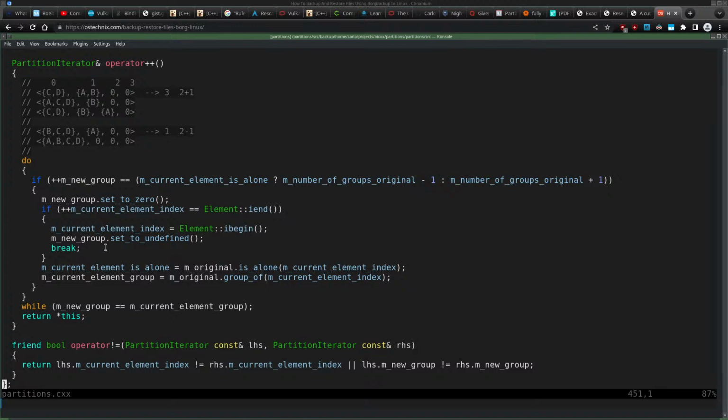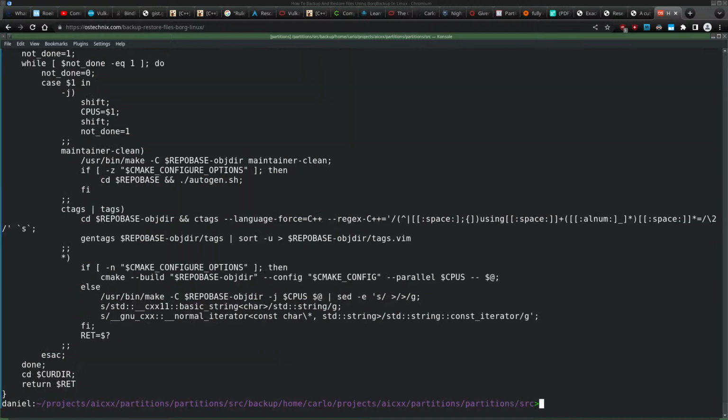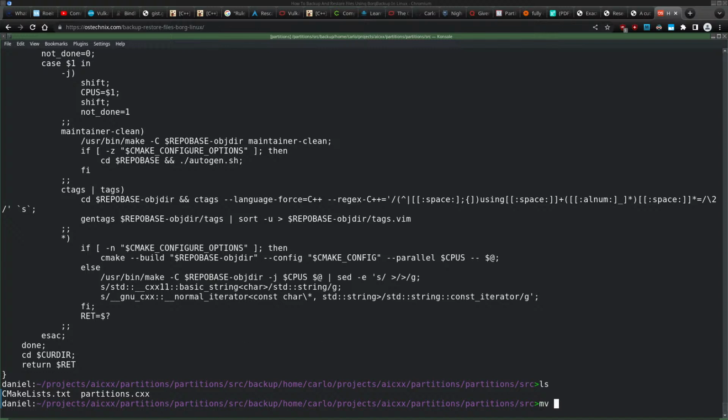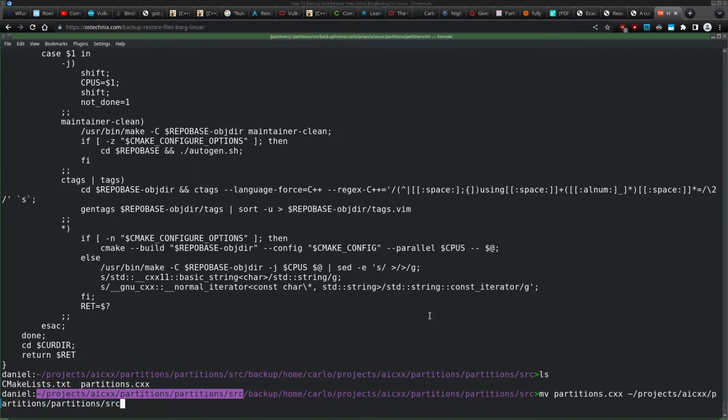Maybe should test if it works. So it definitely looks the same as before. Yeah, not like that probably. Let's not overwrite my old one.